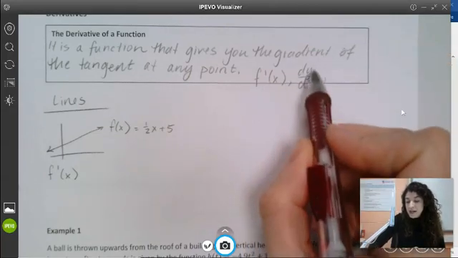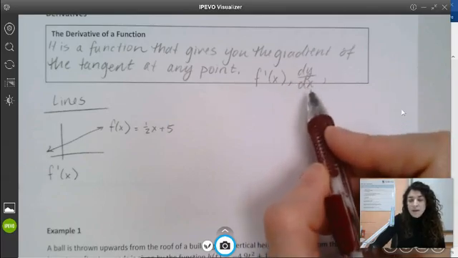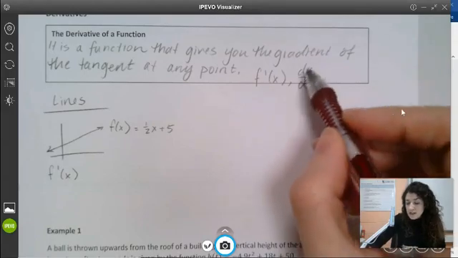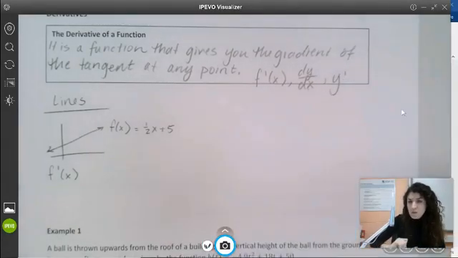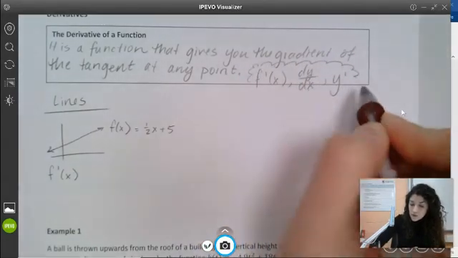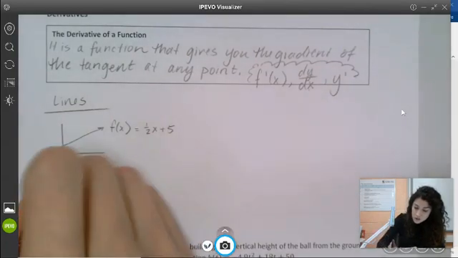I didn't really understand what this meant in a lot of ways when I first started learning about calculus because we went so quickly into things that I just didn't understand it. All it means is the derivative of y with respect to x. Or you could just do something super simple and call it y prime. So those are all the different ways that we use to write about the derivative, and you'll see all different ways throughout these notes.